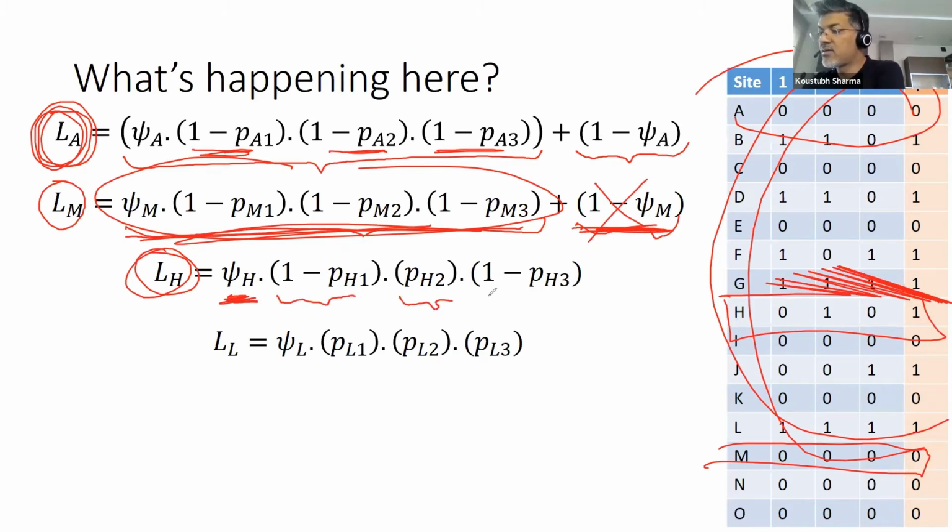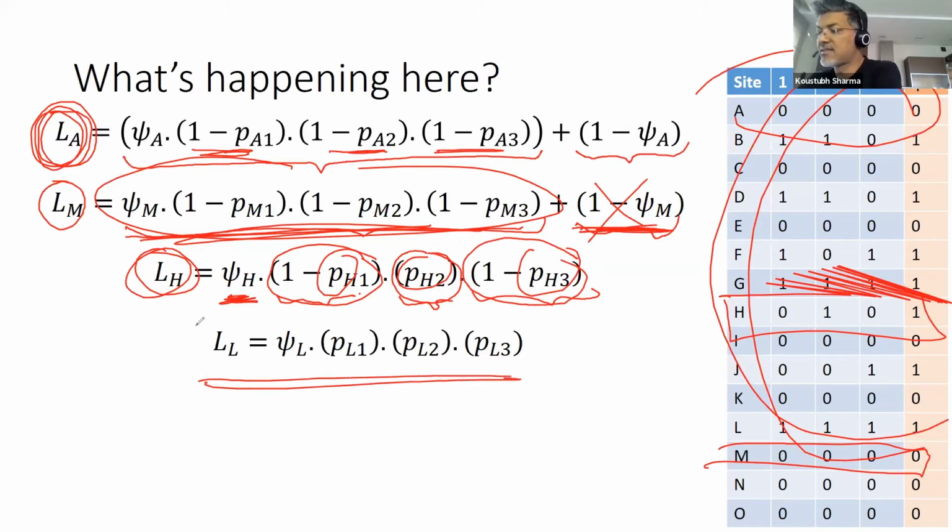I saw it on the second occasion and I didn't see it on the third occasion with these particular probabilities. 1 minus pH1 is the probability of not detecting the species on the first survey. pH2 is the probability of detecting the species in the second survey. And 1 minus pH3 is the probability of not detecting the species on the third survey. And this is the one we've just discussed. It's a case where you see it every time, so you know definitely it's there and you're detecting it with a certain probability.